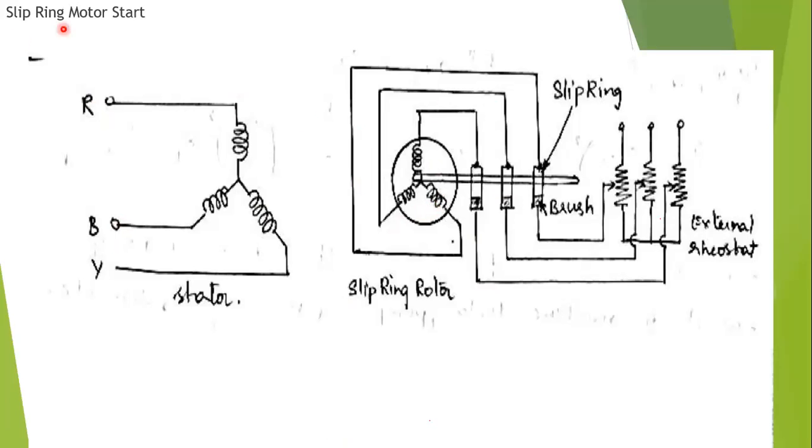So the slip ring induction motor is taken, and these are the slip rings and these are the external rheostats, used for starting resistances. At the time of starting these will be present.